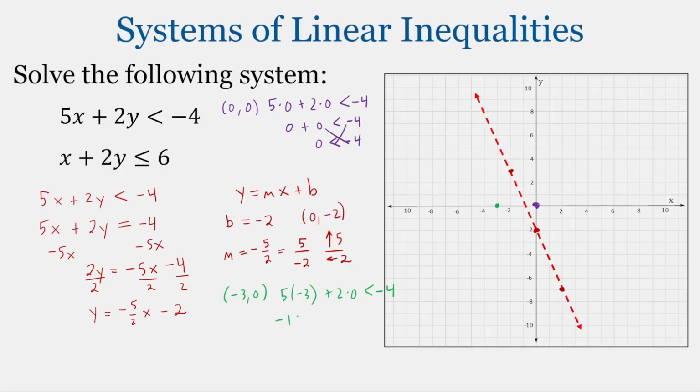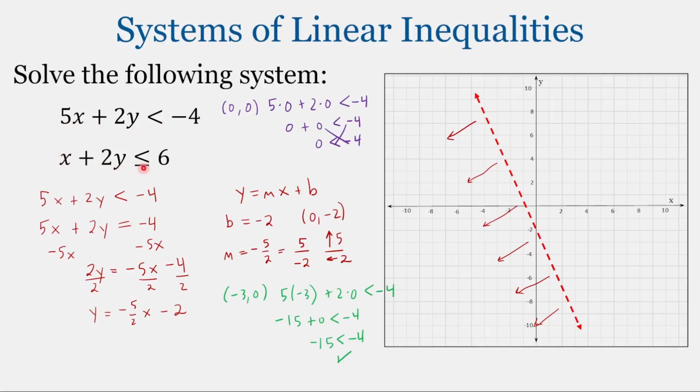This is negative 15 plus 0 less than negative 4. Negative 15 less than negative 4. This is a true statement. Negative 15 is less than negative 4. This means we're going to shade down and to the left of this boundary line. So this is the graph of our first inequality.